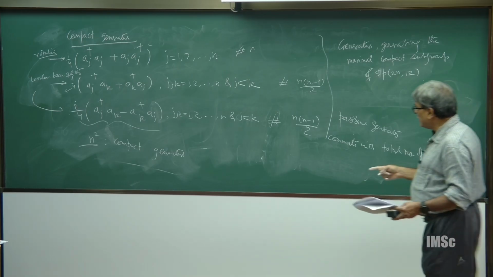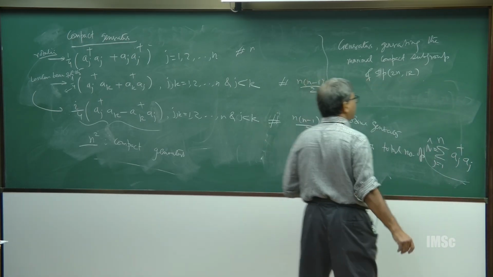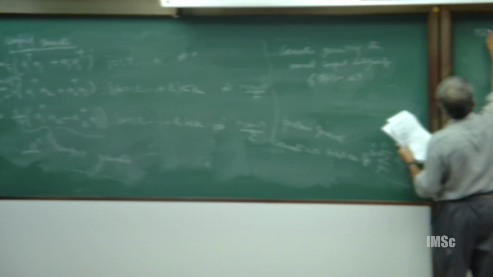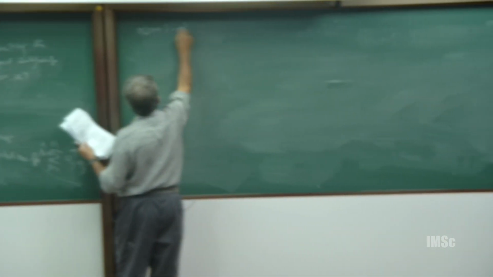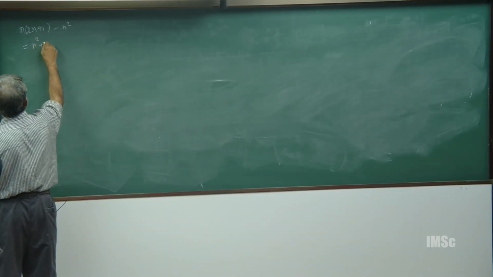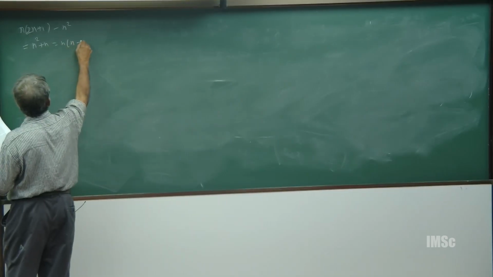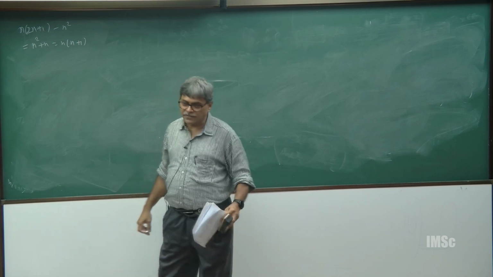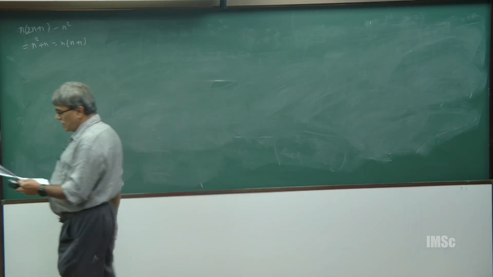So, we have already exhausted n square. So, the total number of parameters is n into 2n plus 1 minus n square, which is n square plus n, which is n into n plus 1. So, we still need to figure out n into n plus 1 number of generators, right, and what are they?